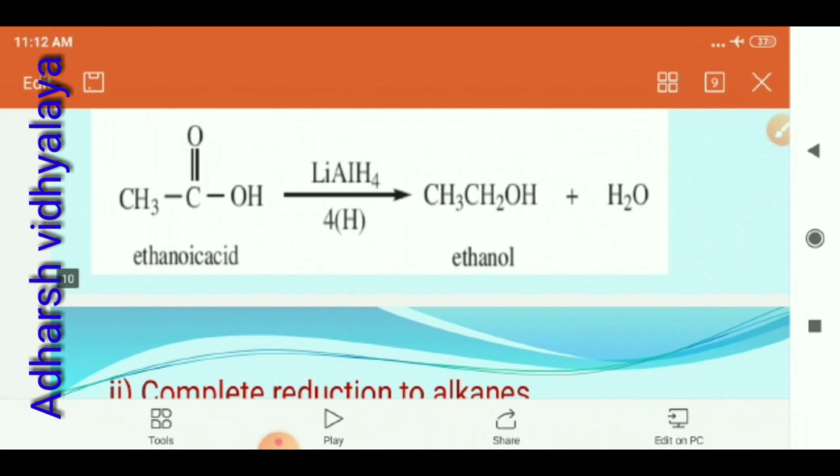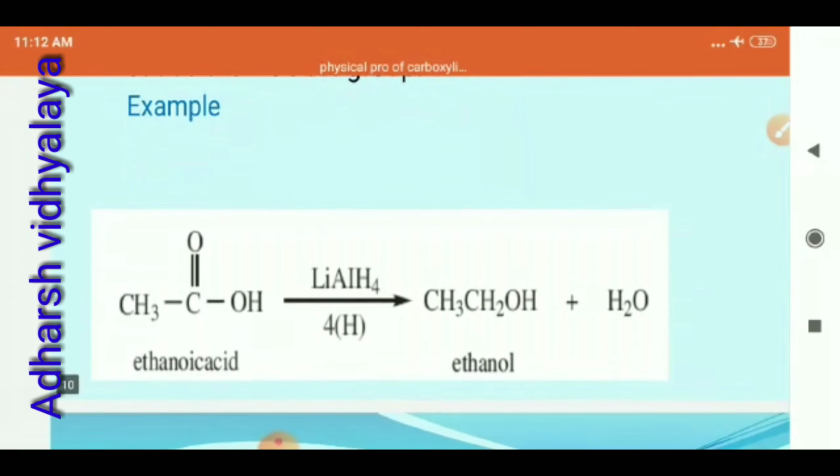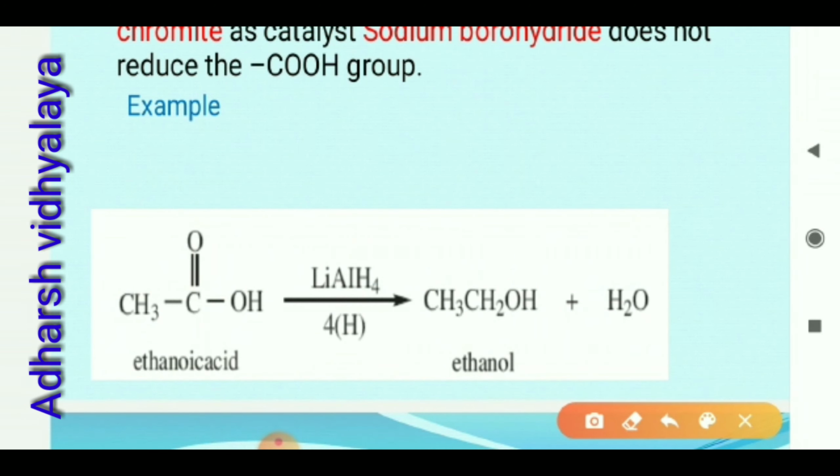Let us take acetic acid, ethanoic acid, as an example. Here ethanoic acid reacts with lithium aluminum hydride. There is addition of 4 hydrogen. Here 1 hydrogen, 1 hydrogen. First it is converted into acetaldehyde, CH3CHO, and H2O.